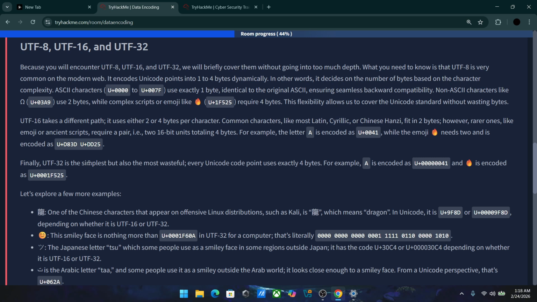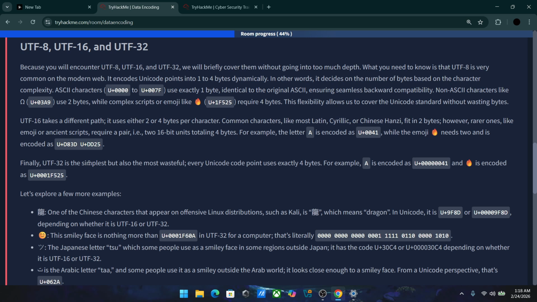In other words, it decides on the number of bytes based on the character complexity. ASCII characters U+0000 to U+007F use exactly 1 byte, identical to the original ASCII, assuring seamless backward compatibility.